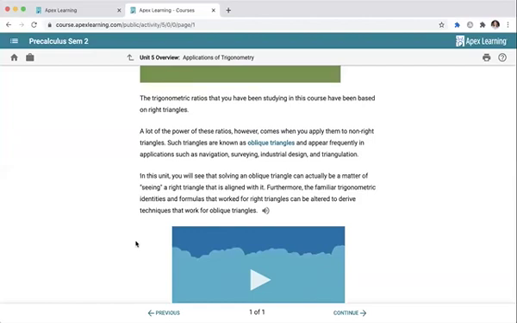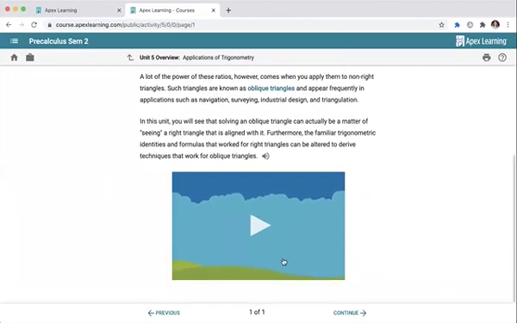Once we find that right triangle that we know how to calculate, we can use a little bit of logic and deductive reasoning to solve for the rest of it. Of course, the trigonometric identities and formulas that work for right triangles, we're going to look at altering them in order to fit our oblique triangles.